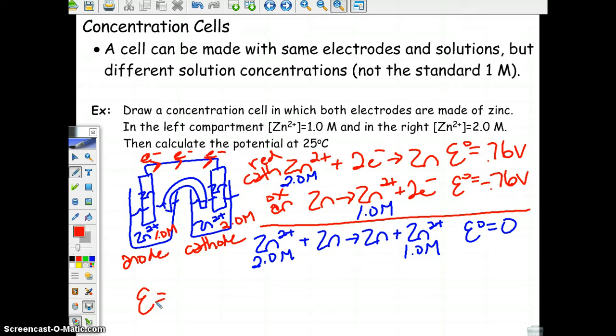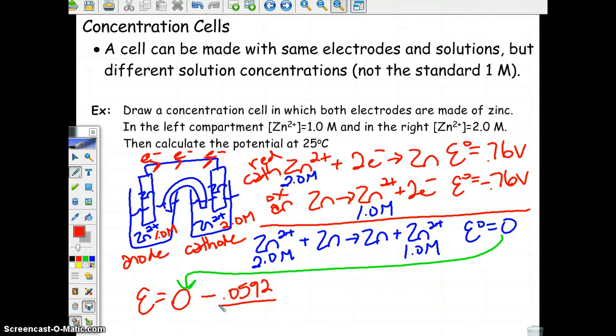E equals, our standard E is actually 0, and I will pull that down so you know. E equals 0, and then the rest of the Nernst equation is minus 0.0592 over n.